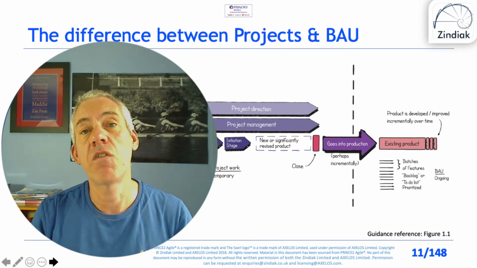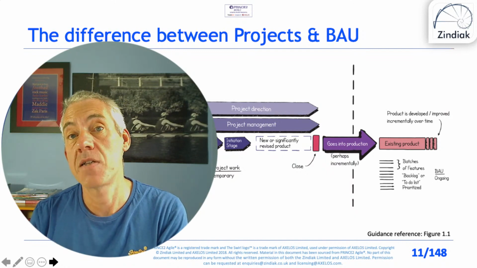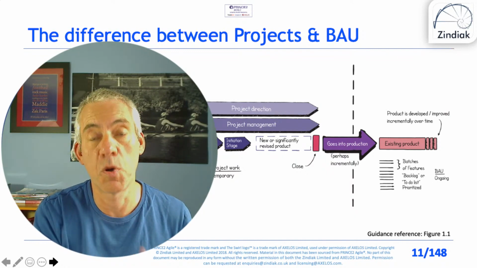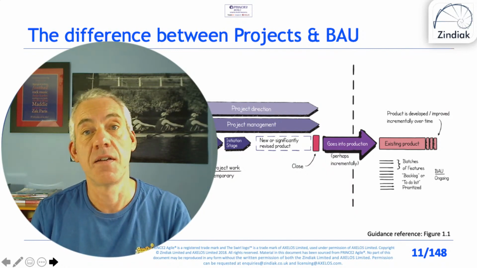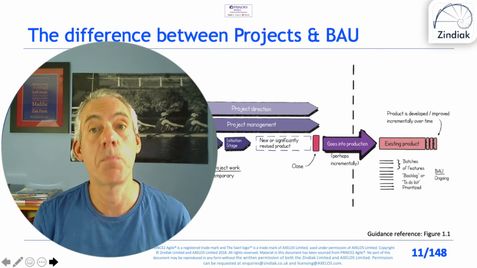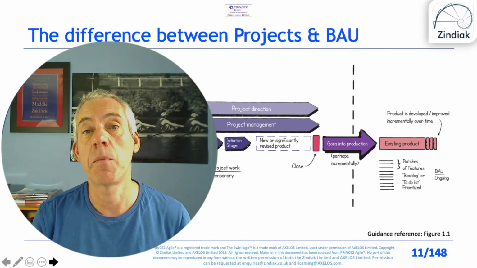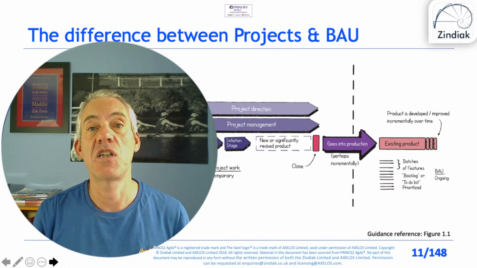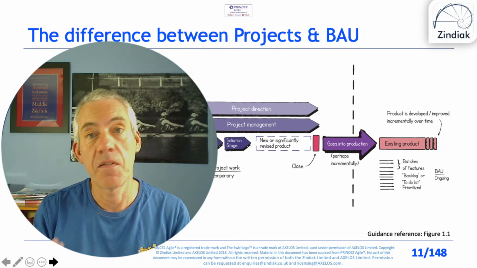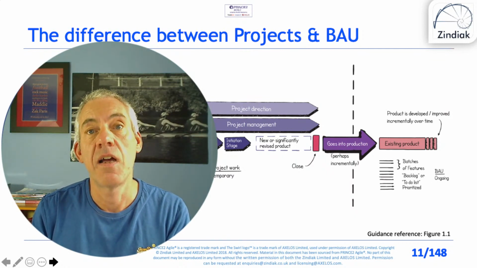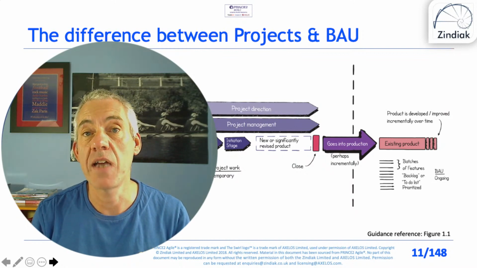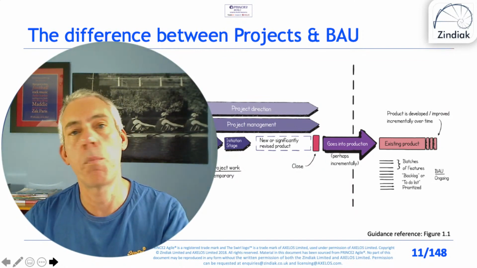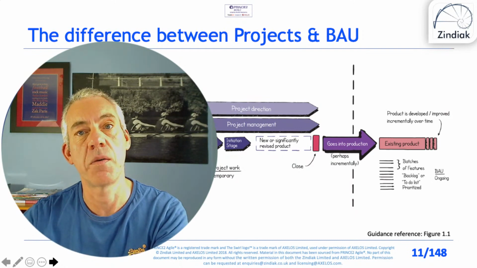And very often the difference between business as usual and projects, whether the organisation determines that it is a project, it's about risk. It's very often about risk. So if the organisation feels that the change is just small incremental improvement without very much risk, they might just leave it to operations, business as usual, crack on and do it.